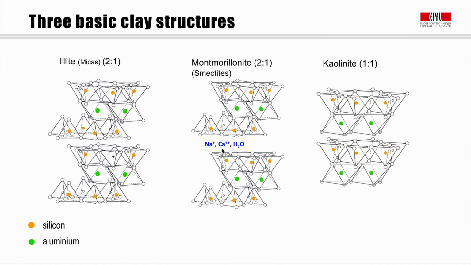Montmorillonite usually has alkali ions and more water between the layers. And finally, on the right here, we have the kaolinite structure, and the kaolinitic clays are what's called 1-to-1 clays, and this means in the layers we have one layer of silicate and one layer of aluminate.